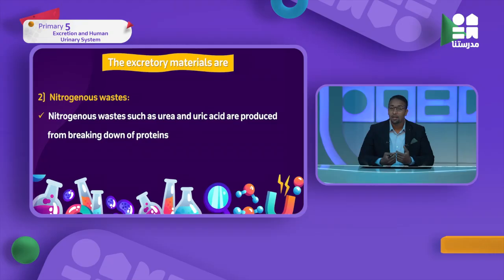Urea and uric acid produced inside body cells نتيجة ان احنا بنعمل burning لإيه أو digestion لإيه أو breaking down لإيه؟ carbohydrates؟ أكيد لا. sugar؟ أكيد لا. starch ولا fats؟ كل الكلام ده أكيد لا. By breaking down of protein, just protein that produce urea and uric acid.